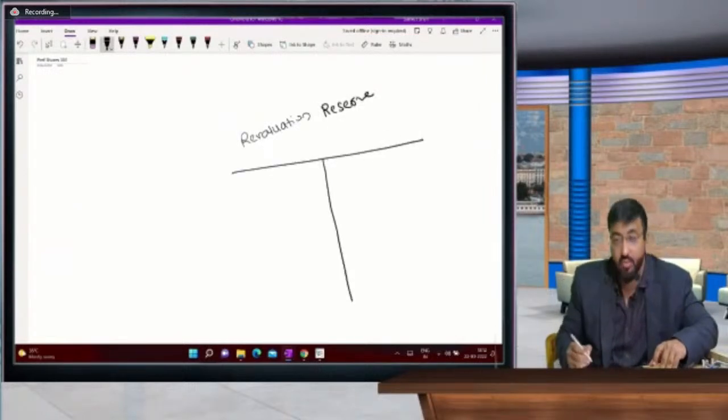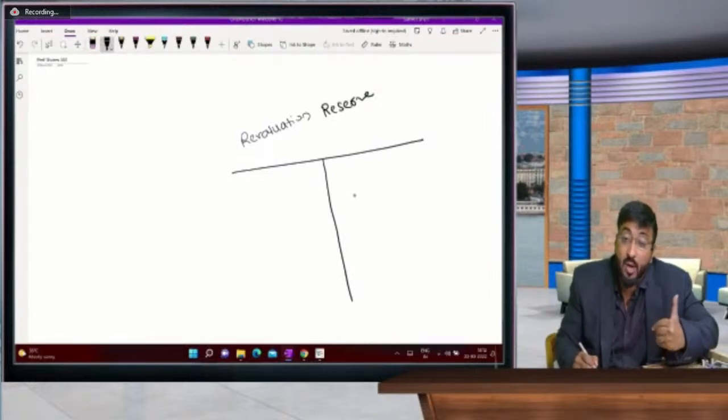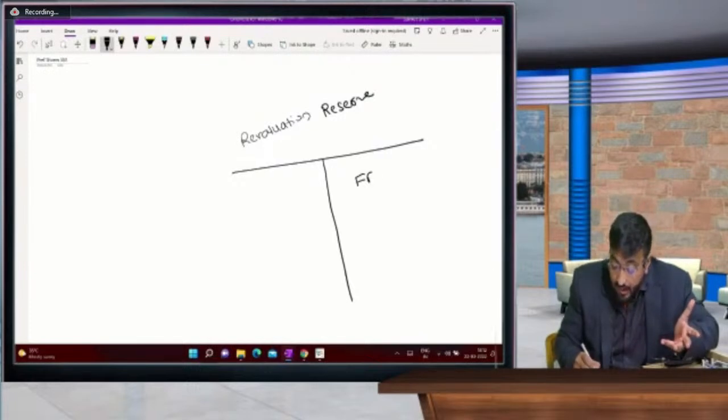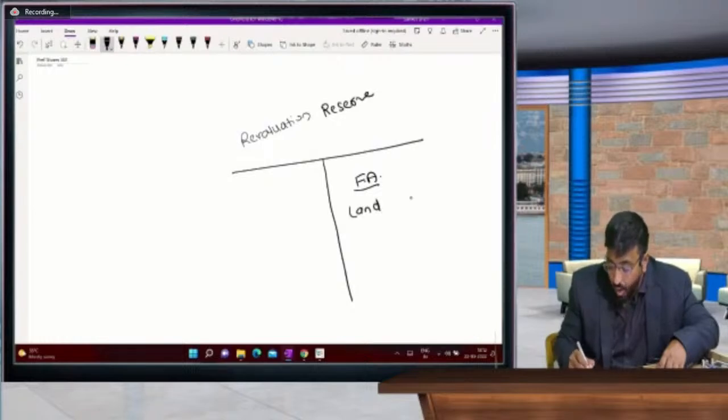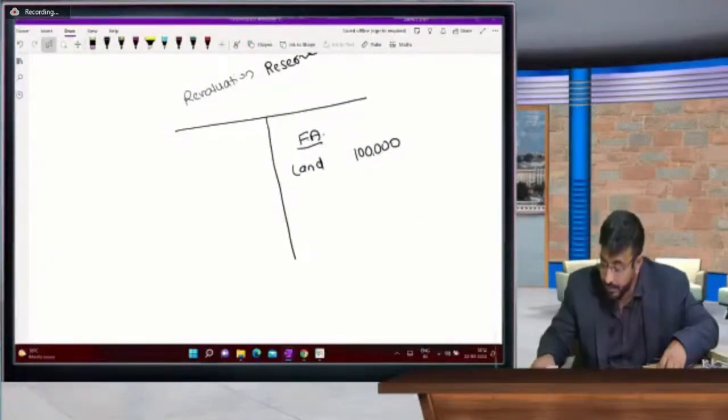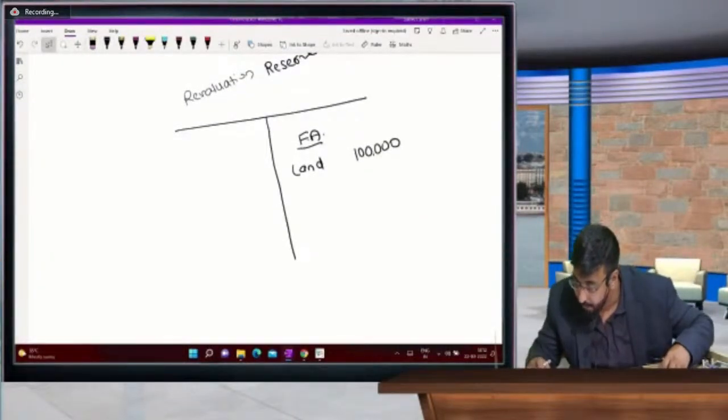Revaluation reserve is not created for any specific reason, but it is created to show your assets at current value rather than original cost. You have to record your asset at revalued figures. For example, I bought one land of rupees 1 lakh before 5 years. Okay.